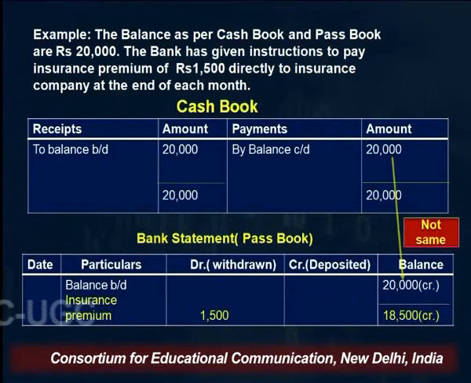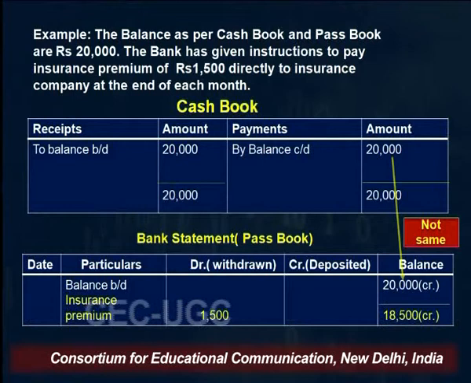Debit entry means there is a negative, minus. So the insurance premium is shown in the debit column, and after deducting 1500 as an insurance premium from 20,000, there is a balance of 18,500, whereas the balance of the cash book depicts 20,000 only.